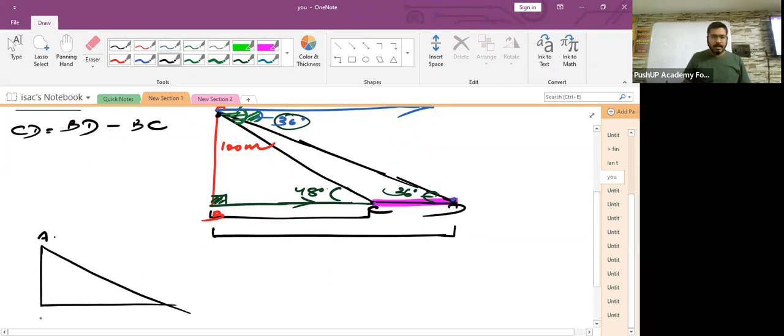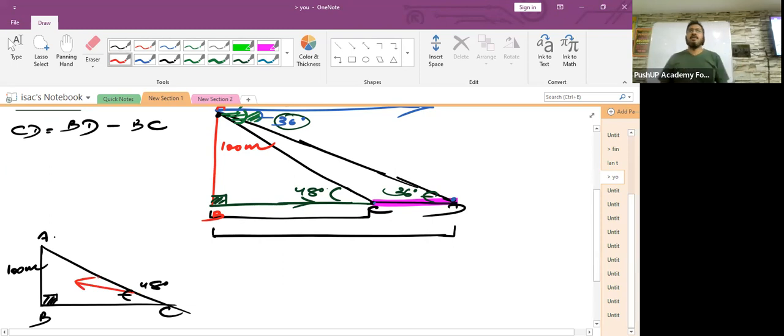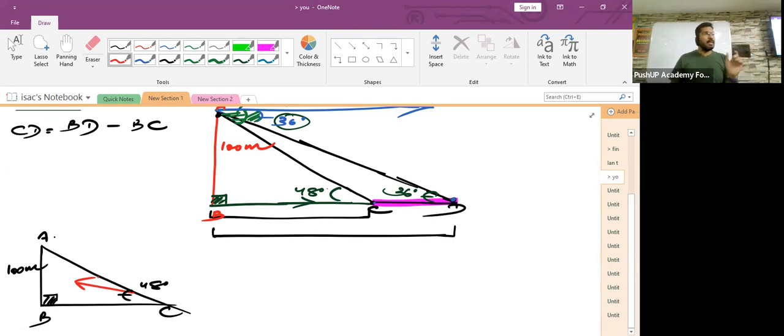Okay. So the first triangle, which is A, B, C. This angle is how much? 48 degrees. AB is how much? 100 meters. This angle is how much? 90 degrees. We need to get the value of BC. So children, 48 degrees is your reference angle. With reference to 48 degrees, AB will be opposite, BC will be adjacent.